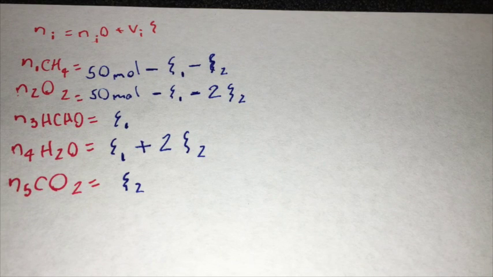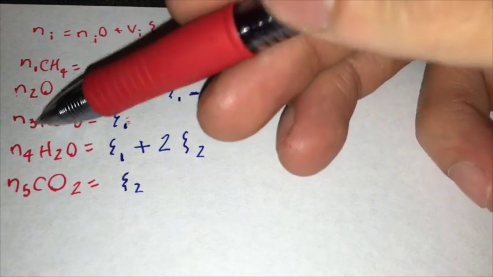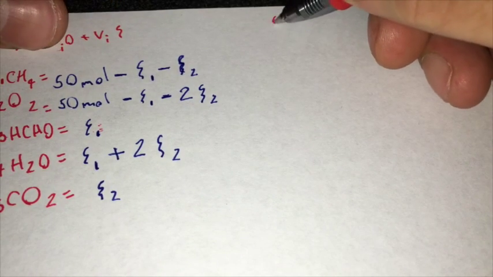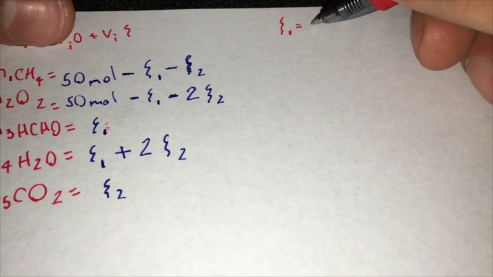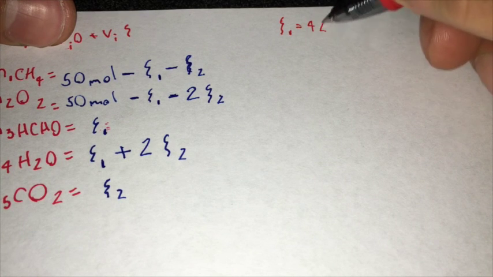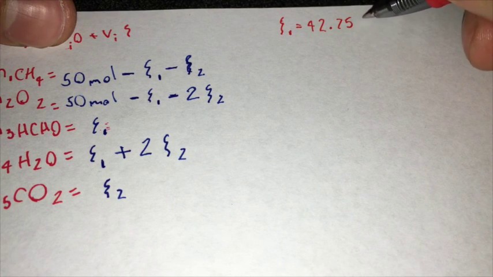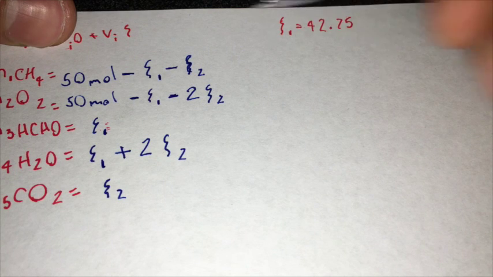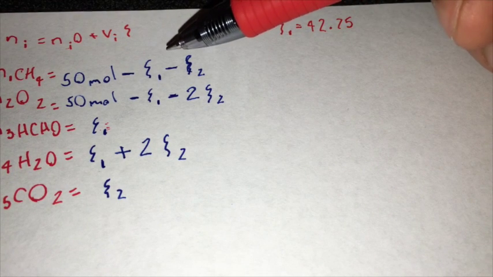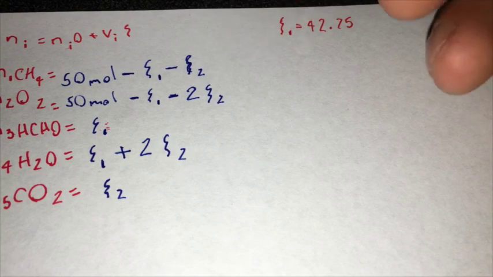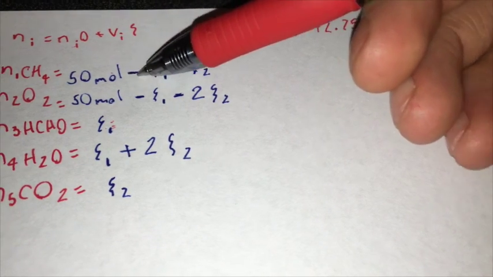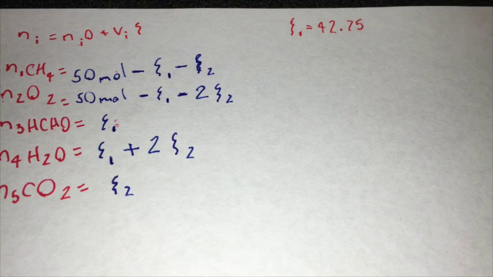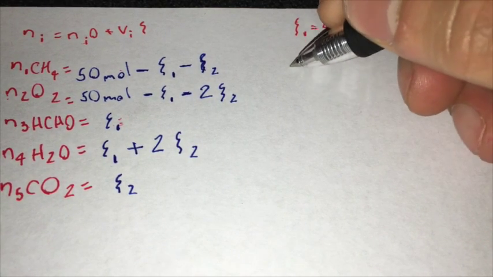So now we have N3 and N1. Luckily, N3 is the same as C1. So our C1 is equal to N3, 42.75. With that C1, we can use our first equation, because we also have N1. N1 is equal to 5 moles.